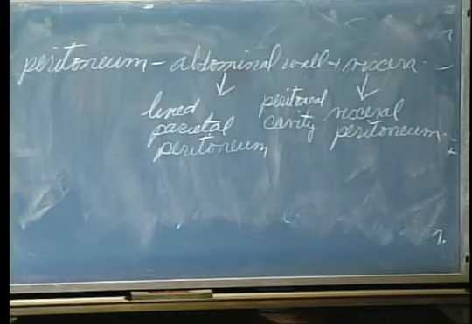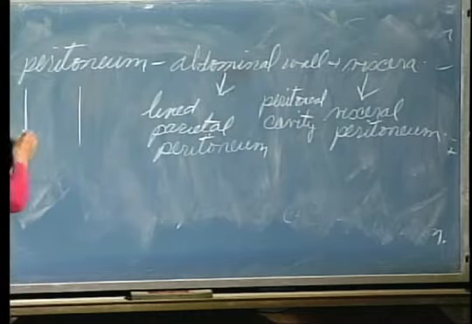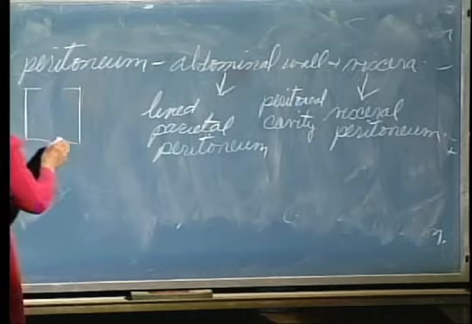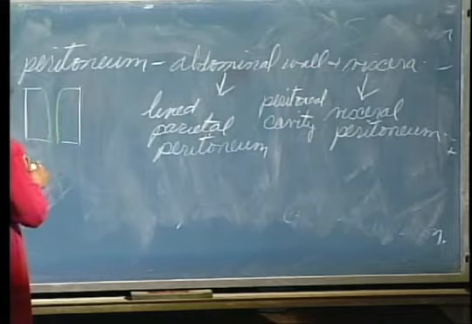The simplest way to do this, a very, very simple cartoon, is to make this our abdominal cavity, and we've got the abdominal viscera going through it in just this form.